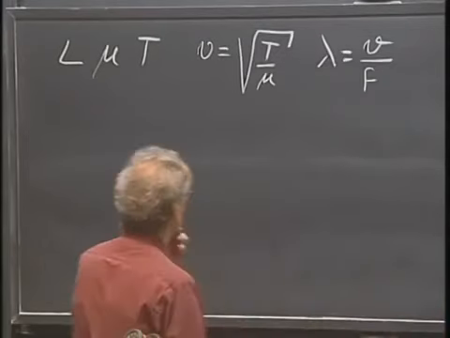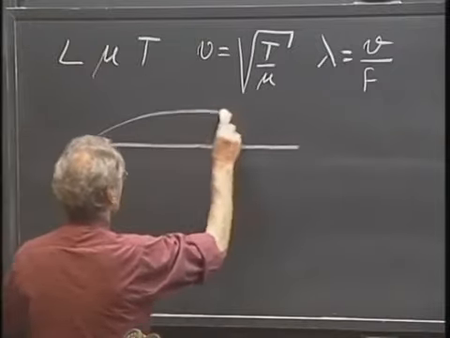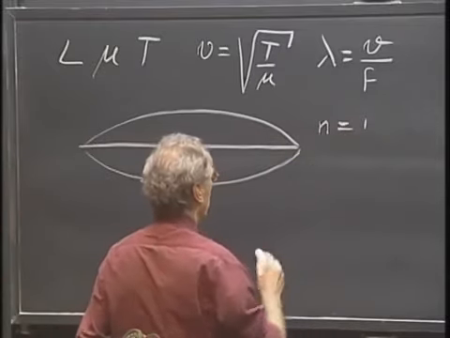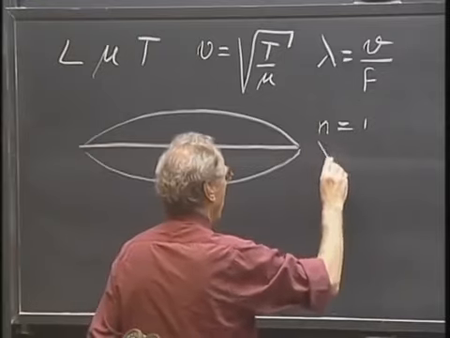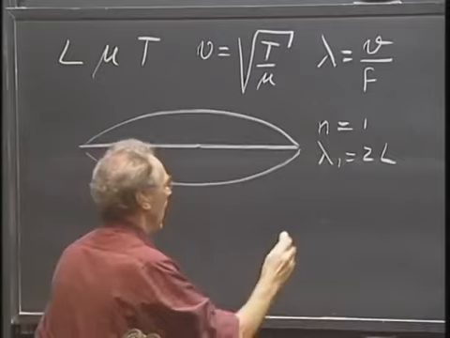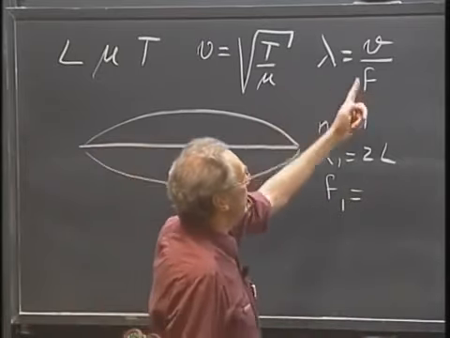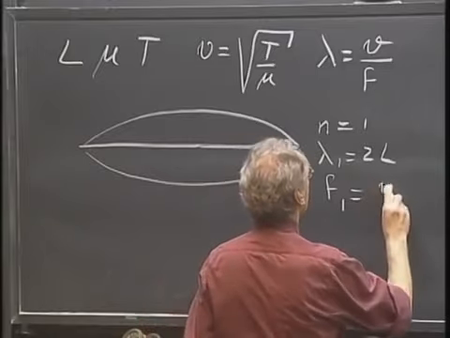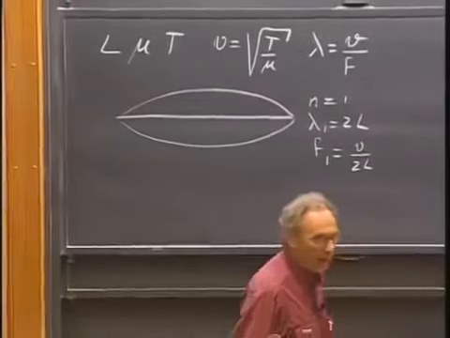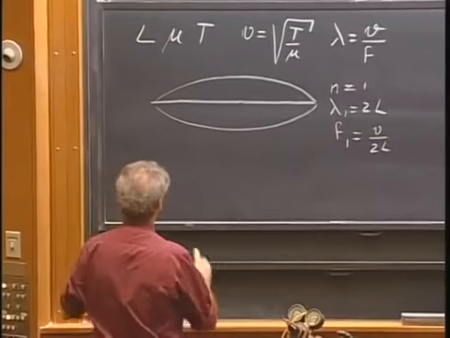In its lowest mode, we call that the fundamental, first harmonic, you will get this situation, n equals 1, and lambda 1 is clearly 2L, if this length is L, and the frequency is then V divided by 2L. So that's the frequency for the lowest possible mode, first harmonic.